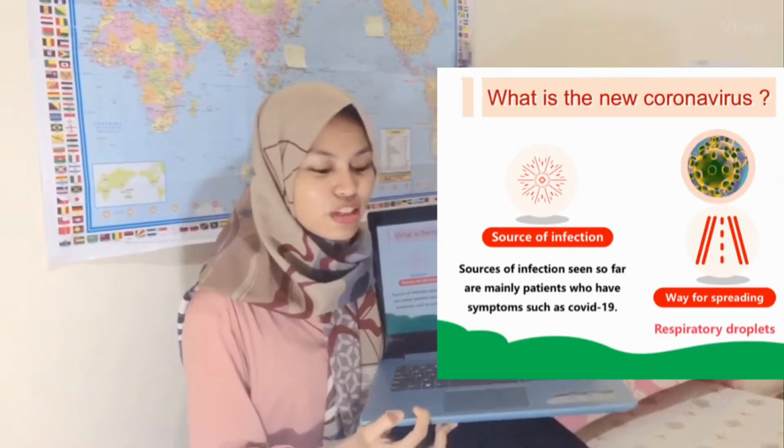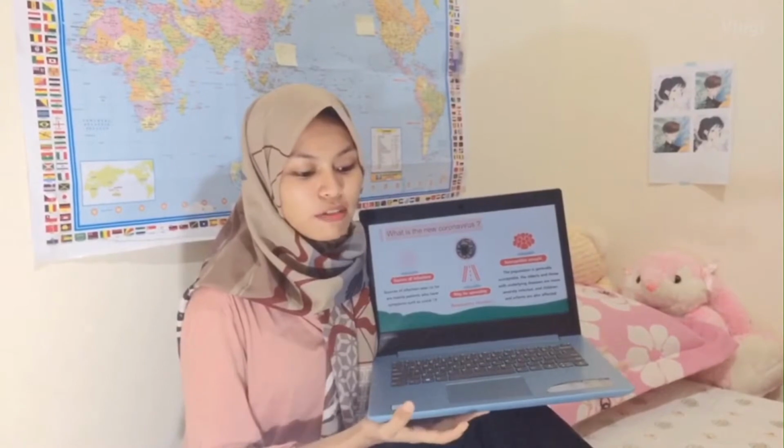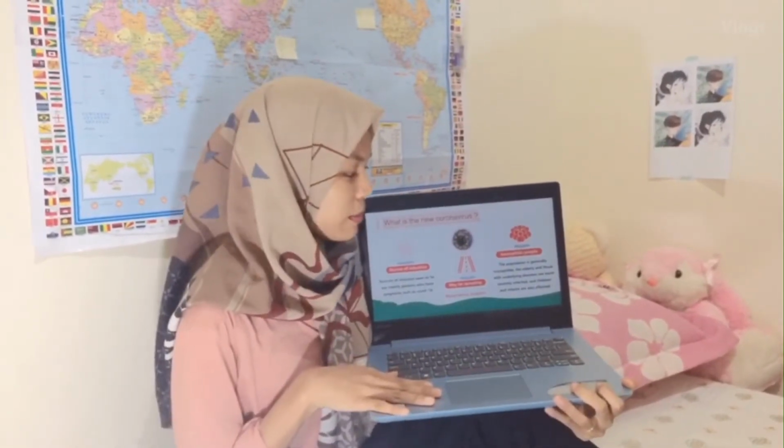Next, way of spreading. The World Health Organization, WHO, reveals that COVID-19 spreads through small droplets that come out of the nose or mouth when people infected with the coronavirus sneeze or cough. The drops then land on an object or surface touched by healthy people.